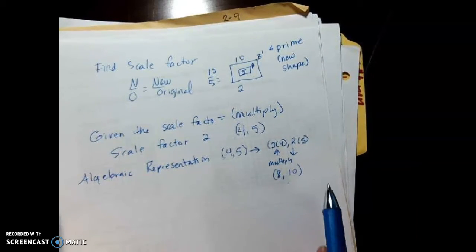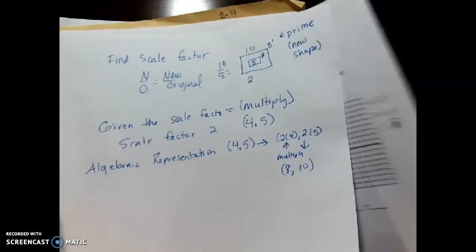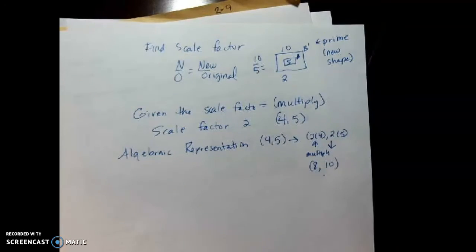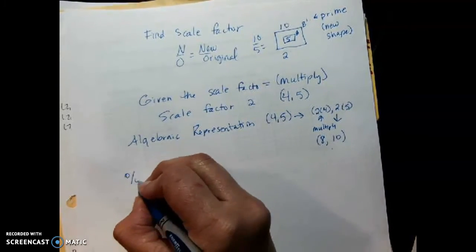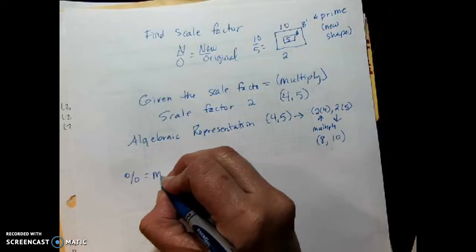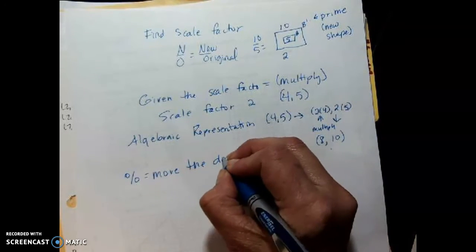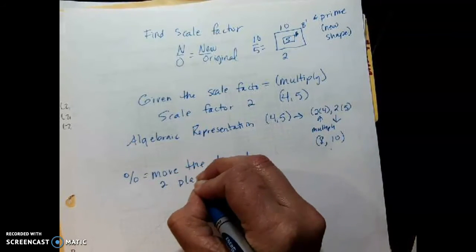Okay? All right, now let's move to the graph. Also, before I move to the graph, there's one thing. If there is a percent, we're going to move the decimal 2 places to the left.